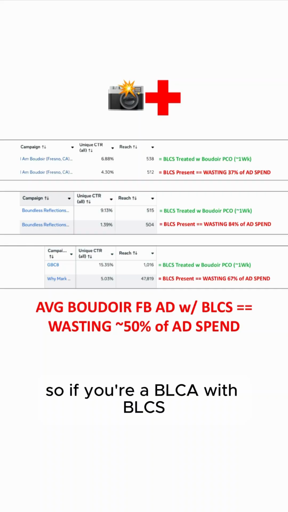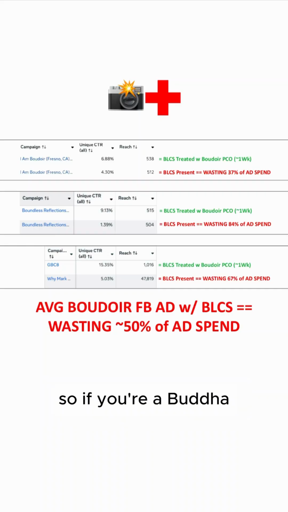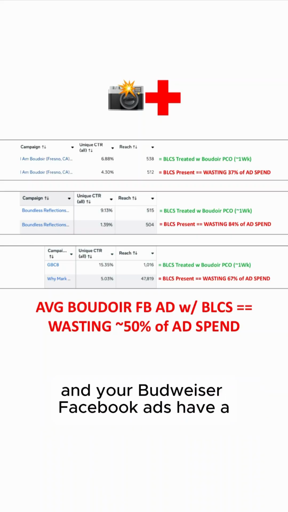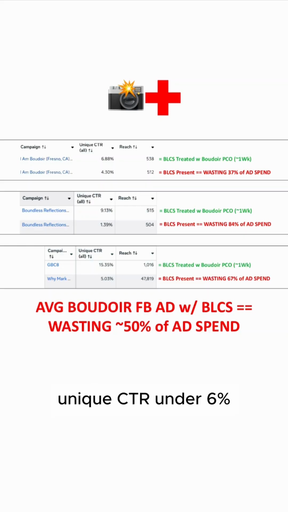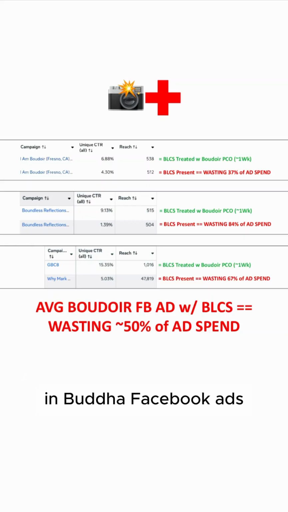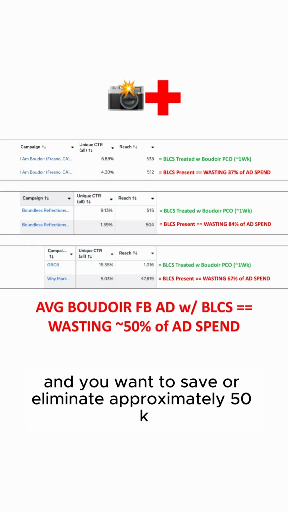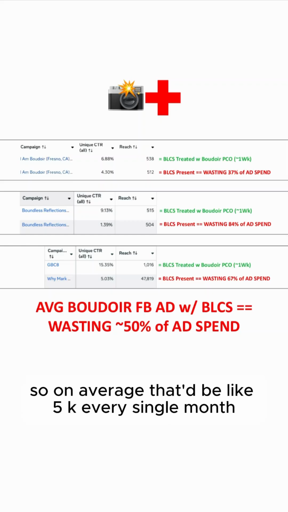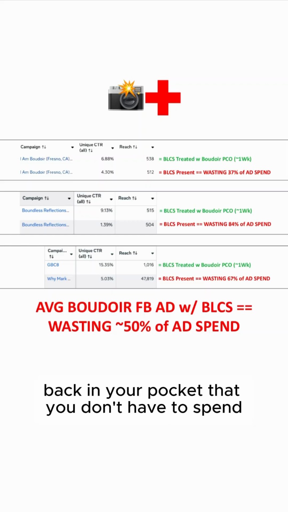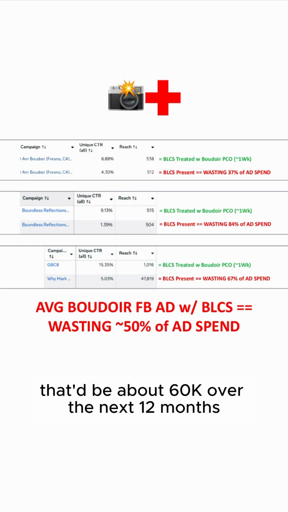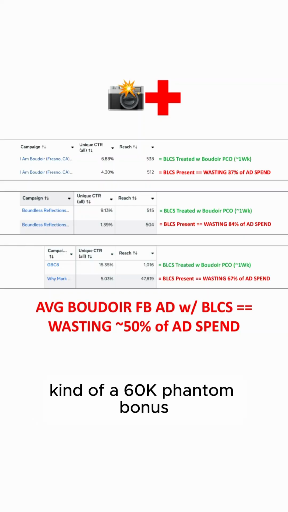So if you're a Boudoir low click advertiser with Boudoir low click syndrome, and your Boudoir Facebook ads have a unique CTR under 6%, and you're spending more than 10 grand a month in Boudoir Facebook ads, and you want to save or eliminate approximately 5K of that wasted ad spend each and every month, put that back in your pocket. So on average, that'd be like 5K every single month back in your pocket that you don't have to spend, kind of like a phantom bonus. And that'd be about 60K over the next 12 months, kind of a 60K phantom bonus.